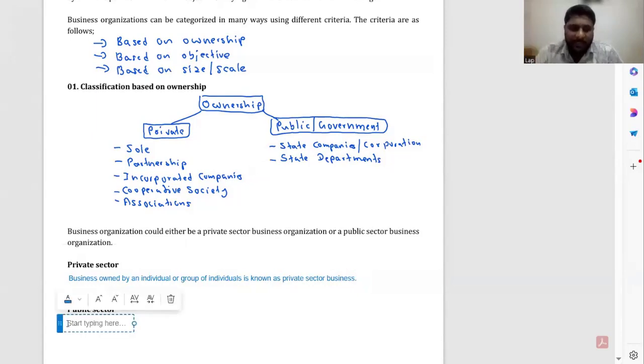Then what is a public sector business? The business which is owned by the public or the government is known as a public sector business.